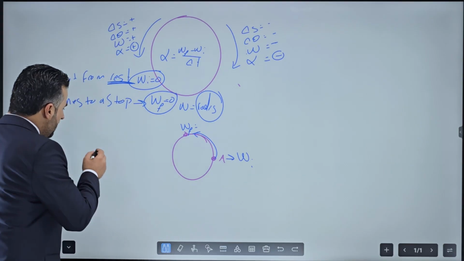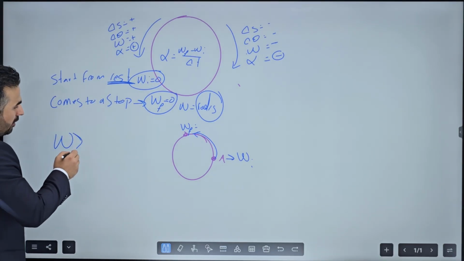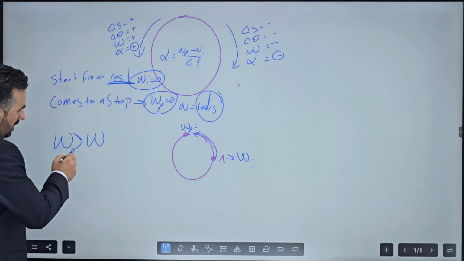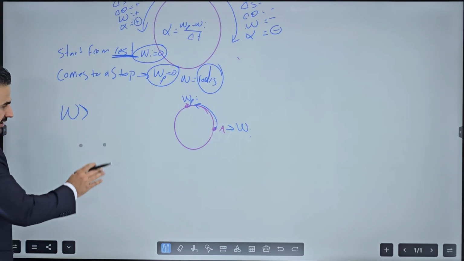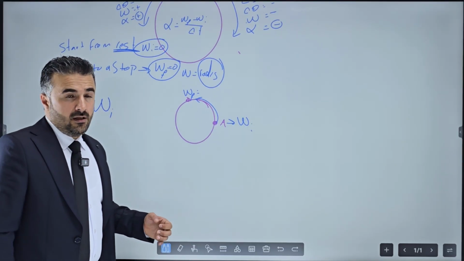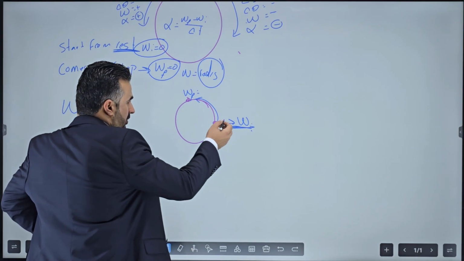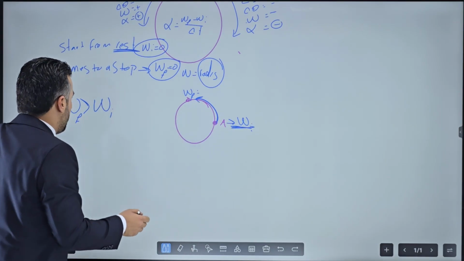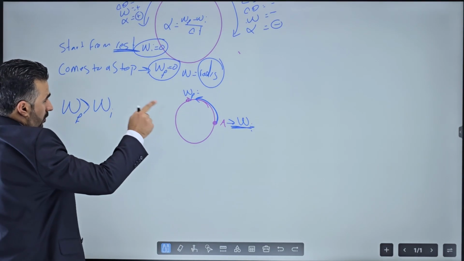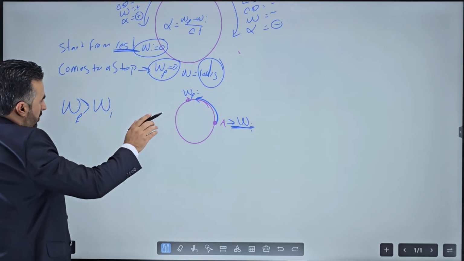We know that if omega final is bigger than omega initial, what does it mean? That means the object is speeding up, yes or no? Because clearly, if an object is speeding up, this angular speed is going to be smaller than angular final. So, if it is rotating, watch this, because this is very important here.